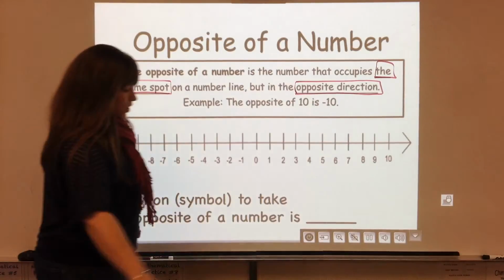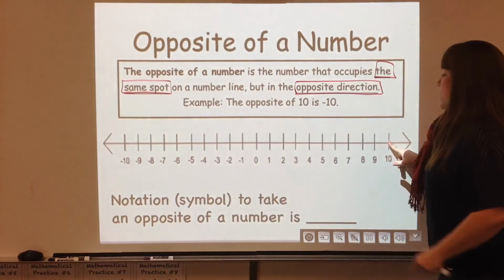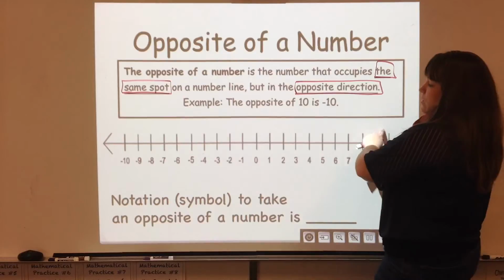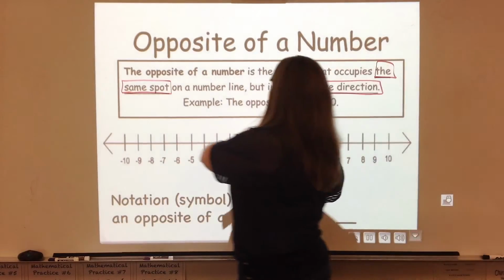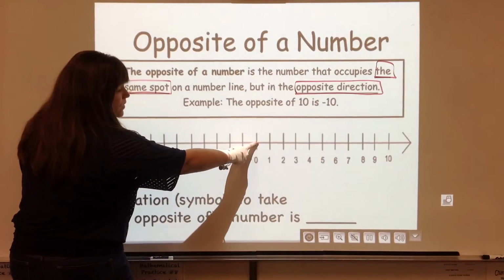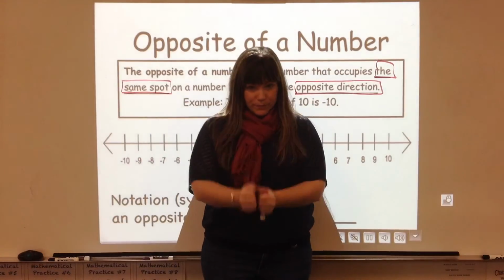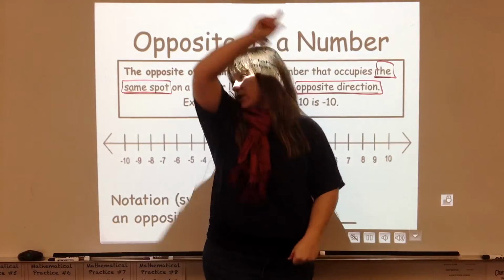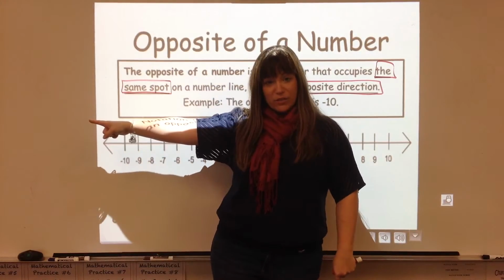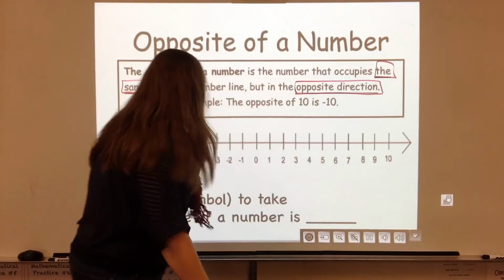So you're going to start over here, and then the same spot on the number line will be 10 spaces in the opposite direction from 0. So 0 is important. I'm here at 0. 10 spots this way, I have to go 10 spots in the opposite direction, okay?